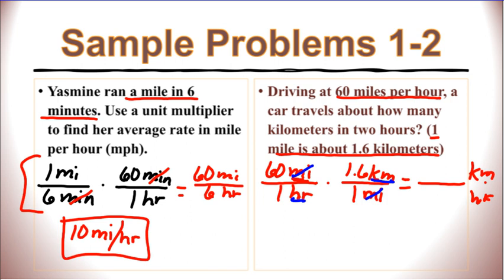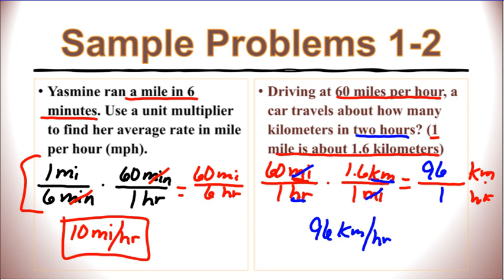So 60 times 1.6 would give us 96. So 96 kilometers, 1 times 1 is 1. So that would be 96 kilometers per hour. But now our problem says in 2 hours.